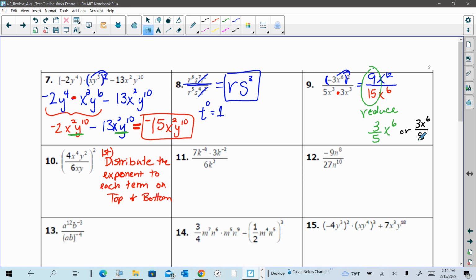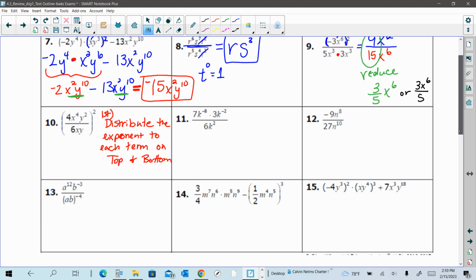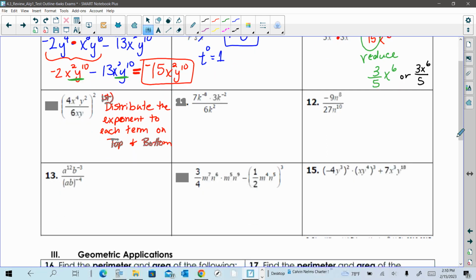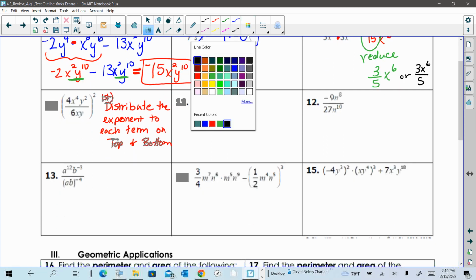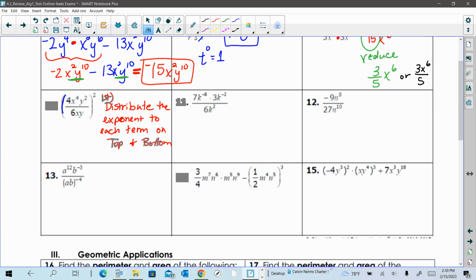Now on 10, I'm going to walk through this, especially because the parentheses is around the whole fraction. So when we distribute the power, we have to do it to the top and to the bottom.